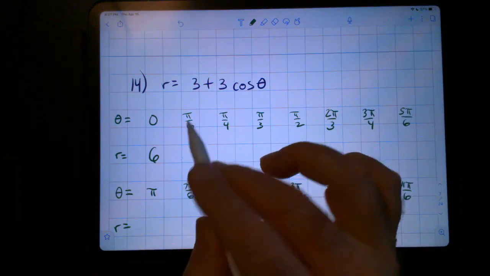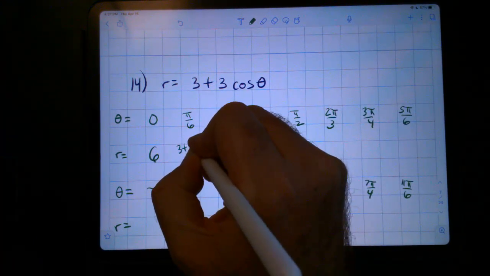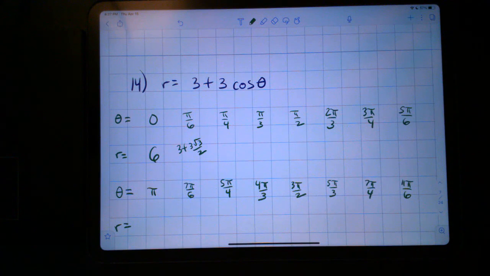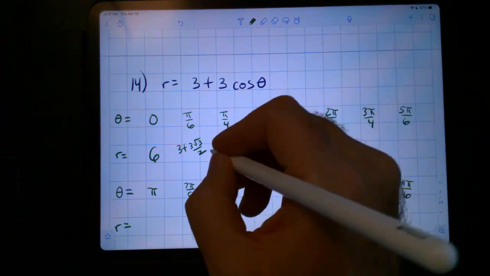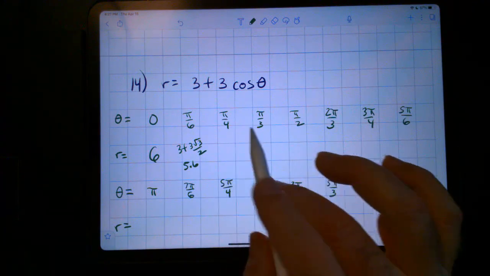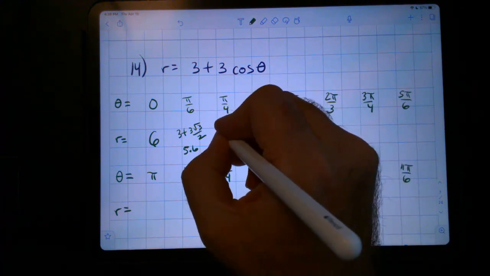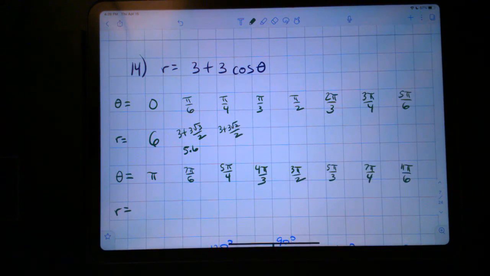Pi over 6, we have radical 3 over 2. 5.6. When theta is pi over 4, we have 3 plus 3 radical 2 over 2.